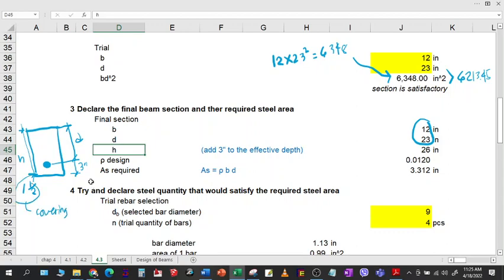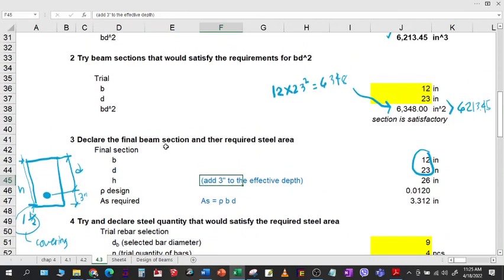So covering plus the size of the stirrup plus half of the rebar diameter will be approximately 3 inches. And for simplicity of calculation, we just add 3 inches here. So we have declared the final section.